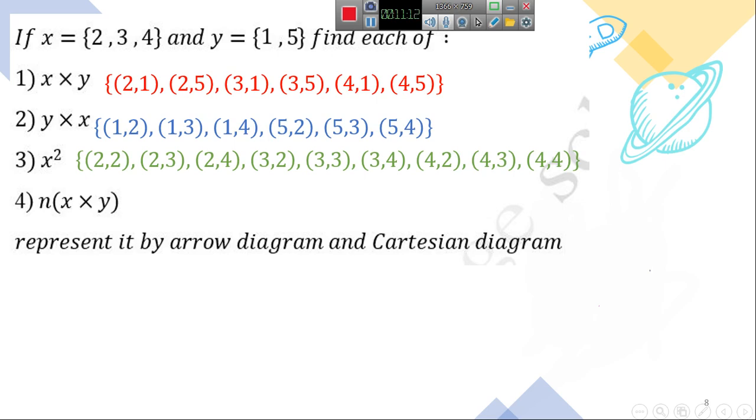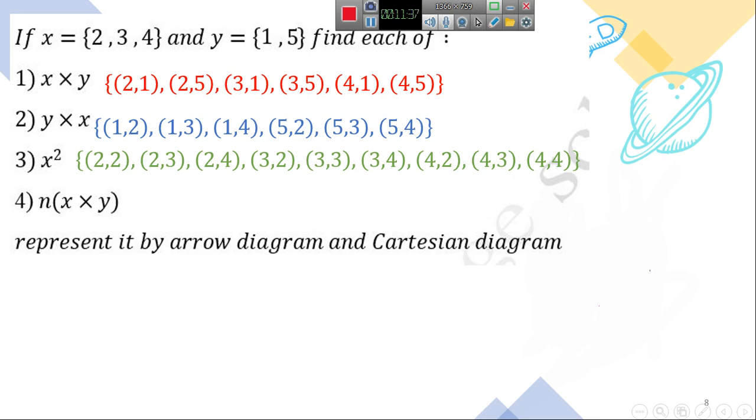Then the answer of this one is 6 elements. What if I asked you to get the number of elements of y cross x? You will get the same number of elements, okay? Because x cross y or y cross x, you will get the same number of ordered pairs, not the same ordered pairs, but I'm talking about the number of ordered pairs.